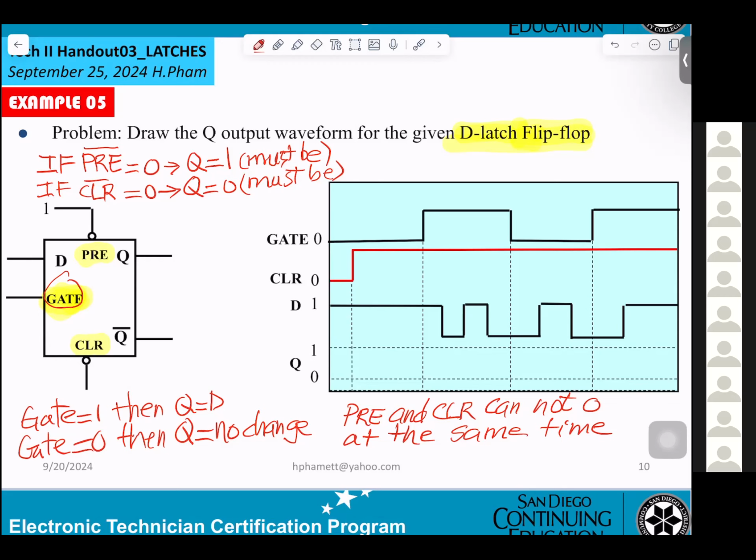For some reason, sometimes we want to set the output Q to be a 1 or to be a 0 without the clock. We can do it.